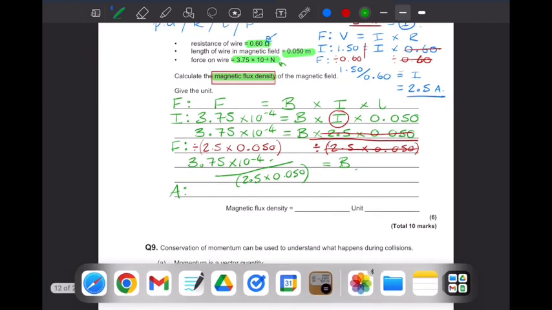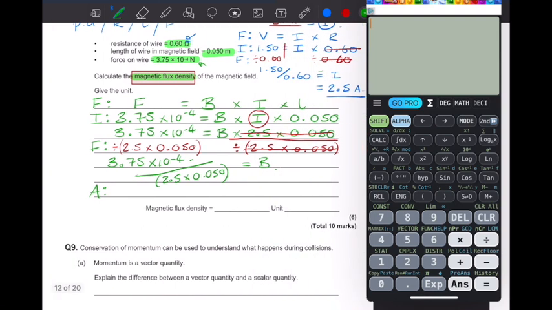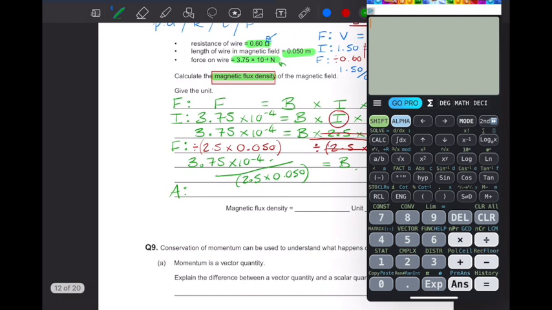Now, I have done this before, and the calculator that I use on my iPad isn't the best for this type. You're much better with your standard scientific Casio, but let's give it a go. So 3.75 times 10 to the minus 4. Now I'm going to have to use the equals and use the answer, and divide that whole thing.